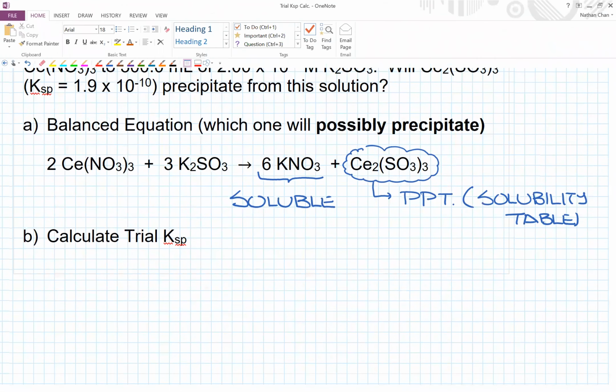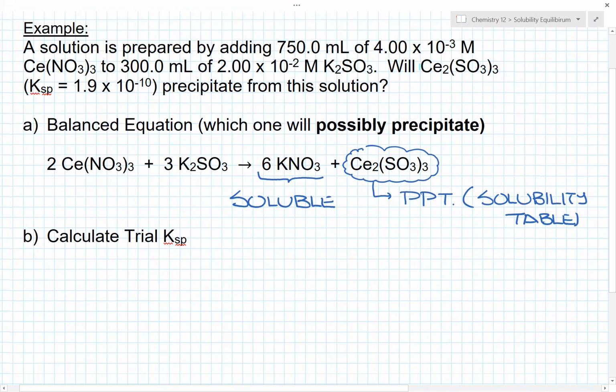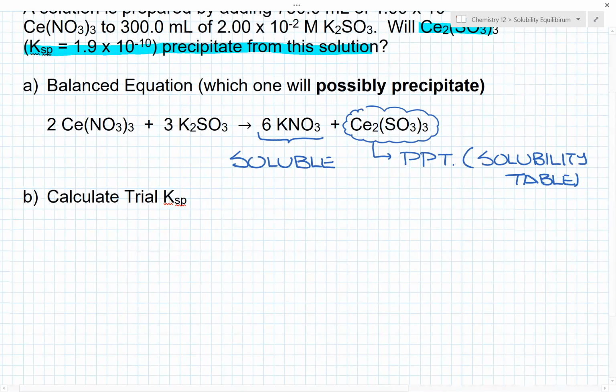The other way is you read the question. You have cerium sulfate, and they give you the KSP, so they actually give you the value of KSP for this particular potential solid. So that's another way. Number one is you can check using the solubility table. Number two is you can actually look at the individual question.